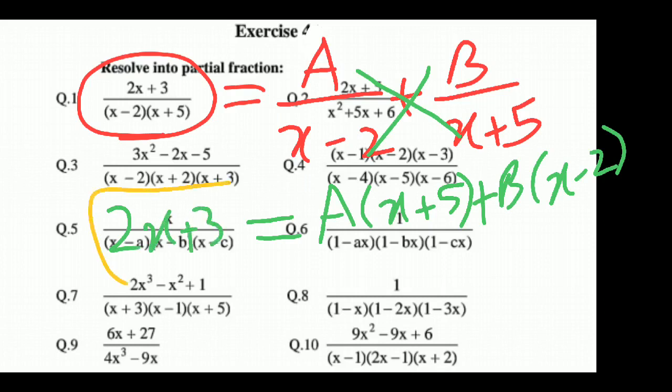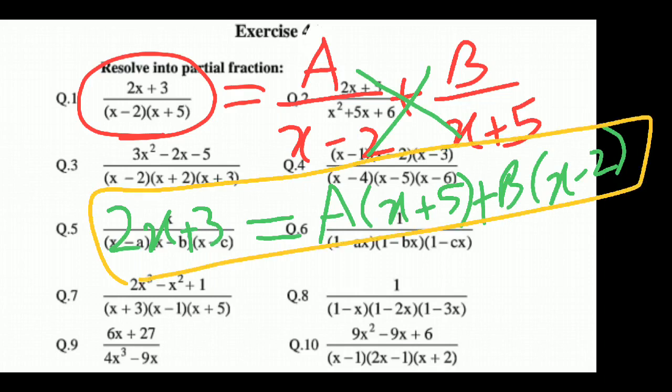Now take this as equation number 1. For further solving, assume that x equal to 2 to get the value of a, and assume that x equal to minus 5 to get the value of b. After getting the values of a and b, substitute in this equation, you will get the required partial fraction.